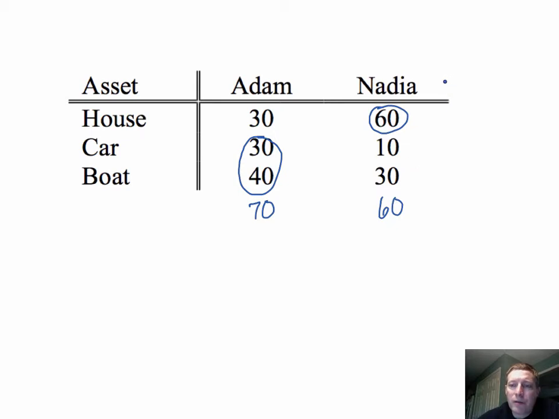And so what we want to do is calculate a ratio. And this will help us decide which item, is it the car or the boat, that Adam prefers the least.